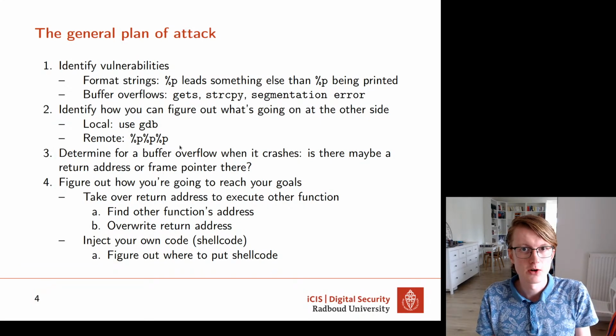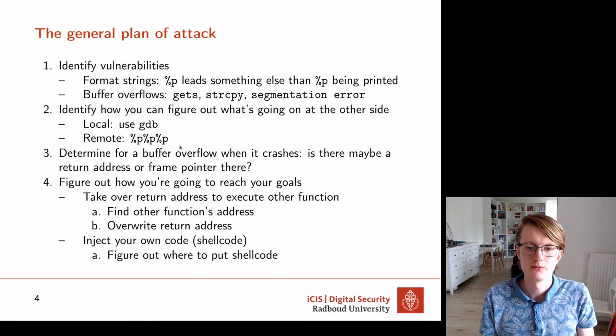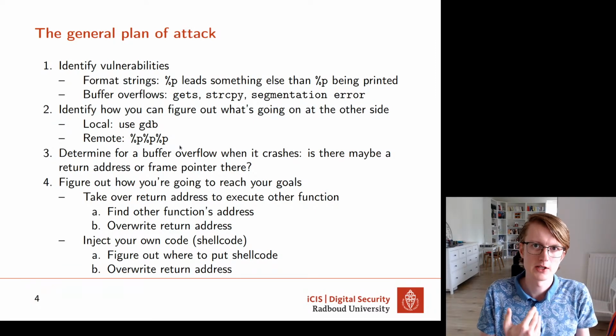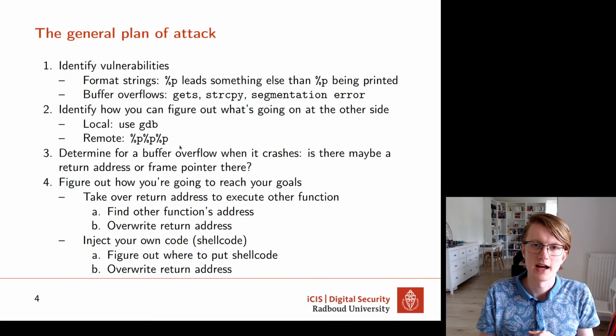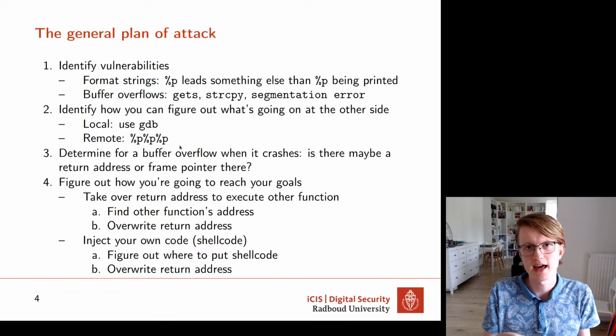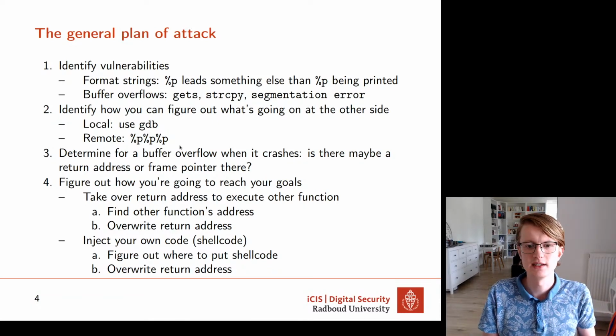If you want to use shellcode, though, then you need to put it somewhere. Well, usually there's some buffer where you can put it. Then you need to figure out that buffer's address, and put that address in the correct place.